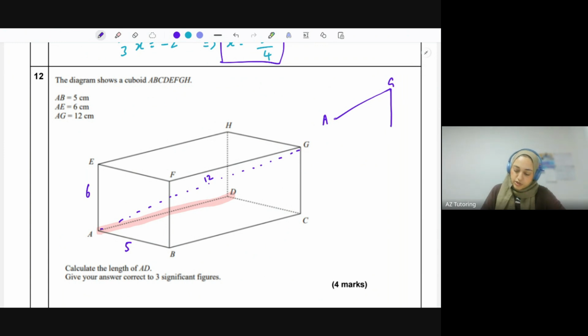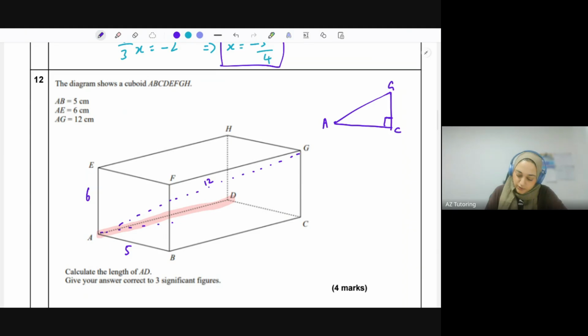So A to G, which I've drawn here, then G to C, which is a line coming down. Now, if I want that to be a right angle triangle, it's going back to AC. So that's the right angle triangle there. As you can see, I've just pulled out that triangle that's inside there. Now, what lengths do we know here? Well, we know that this here is 12, AG.